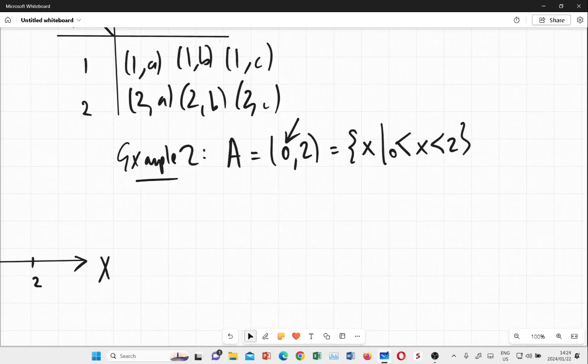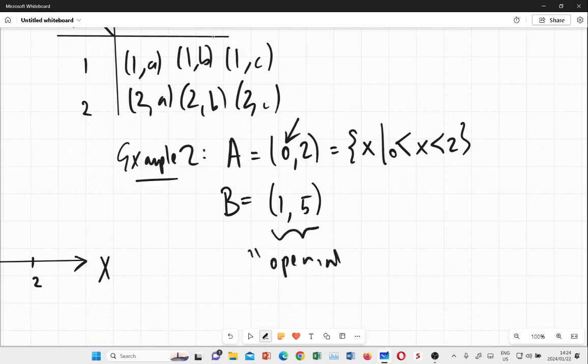Set B, let's say, is going to be equal to the open interval 1, 5. So this is the notation for open interval. This means all the numbers y such that, let's call the elements in set B y.